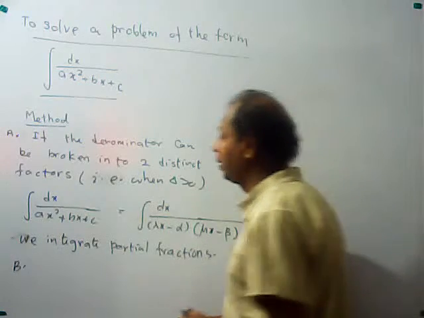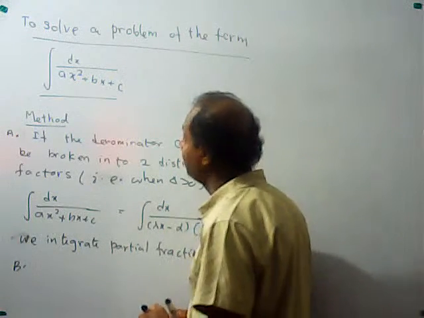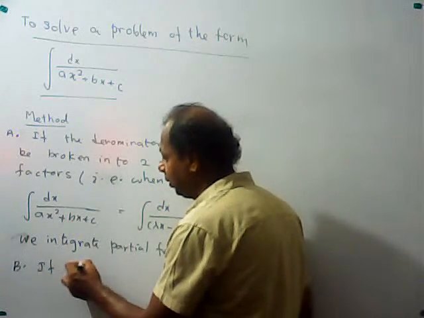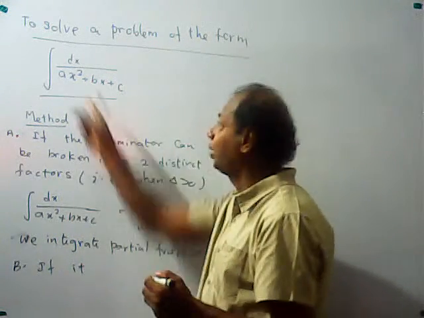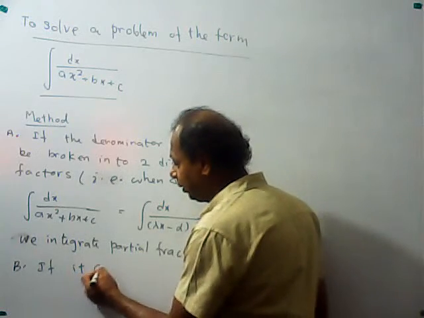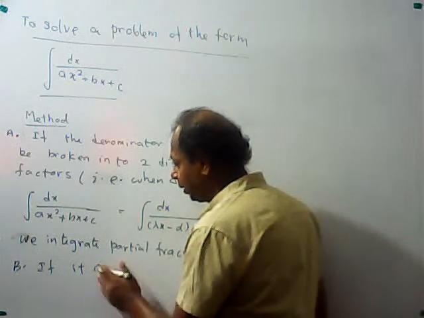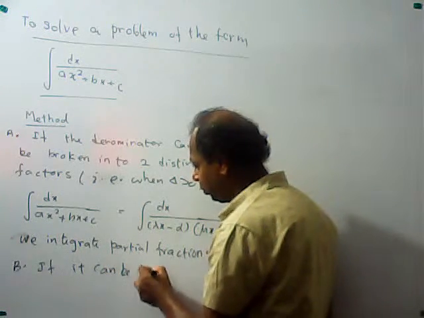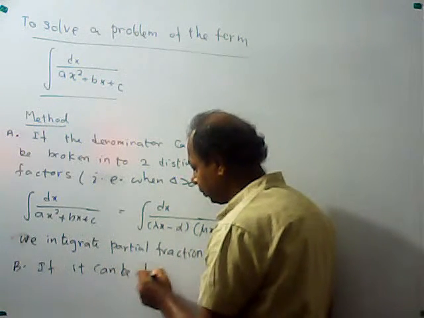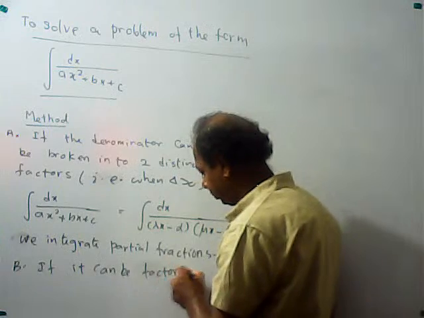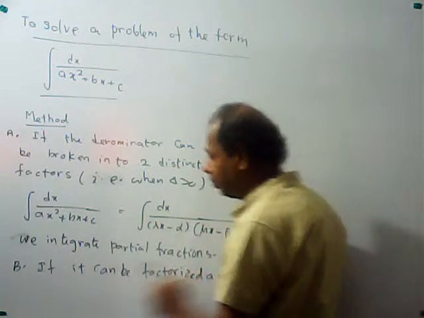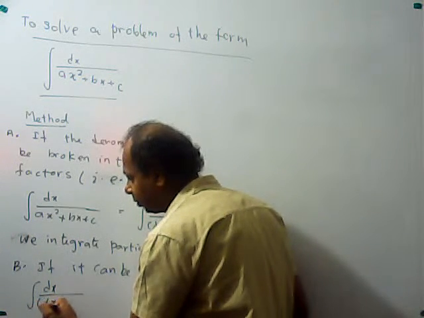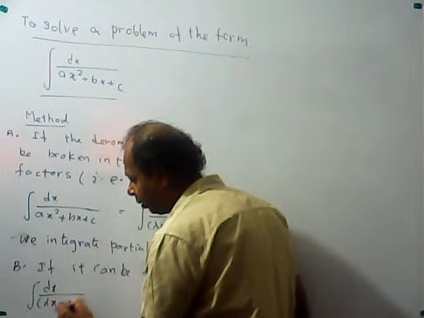Then the second case: if you have a perfect square here, it means this is factorized as a perfect square, 1 over some say alpha x plus beta squared.